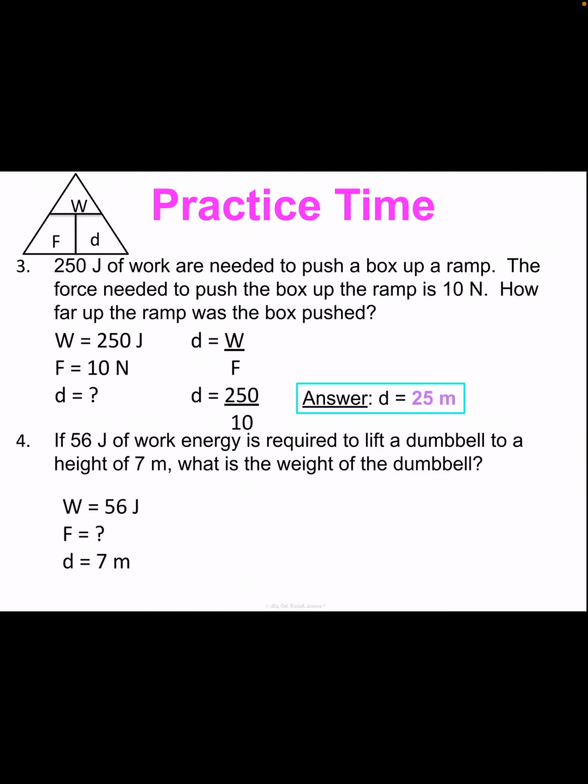So now when I look at the triangle, I'm just going to rearrange the equation by covering up the F. I can visualize the W over the D. So force equals work over distance. Work divided by distance. So that becomes 56 joules divided by 7.